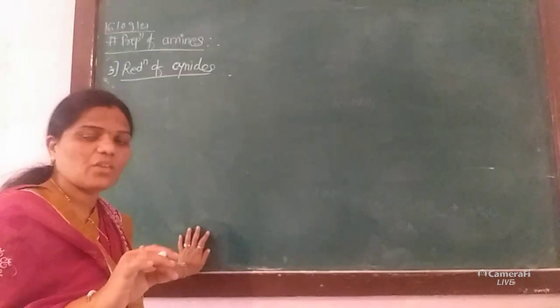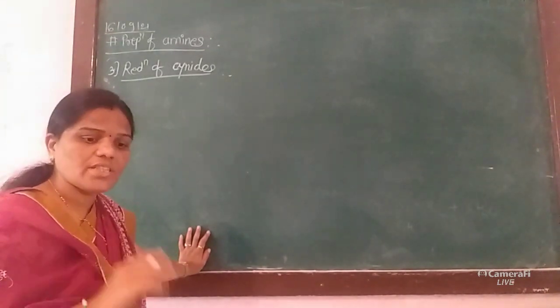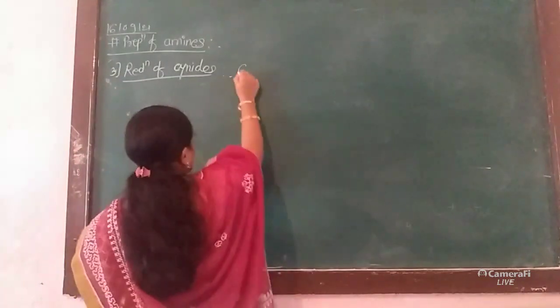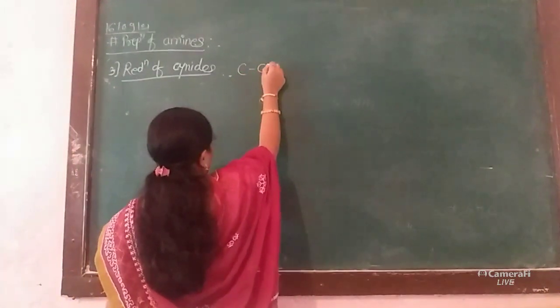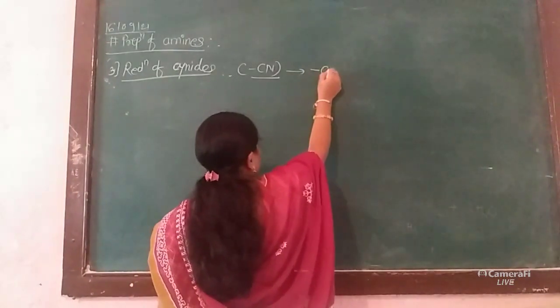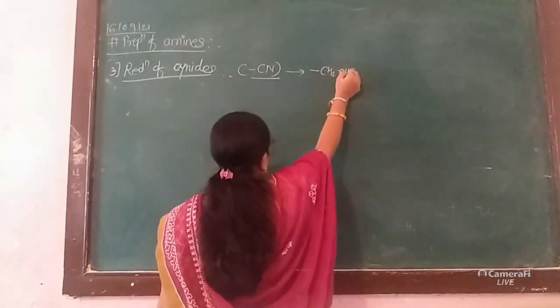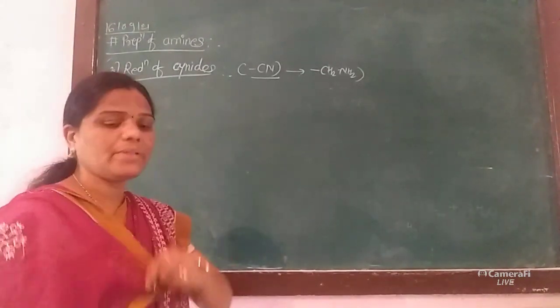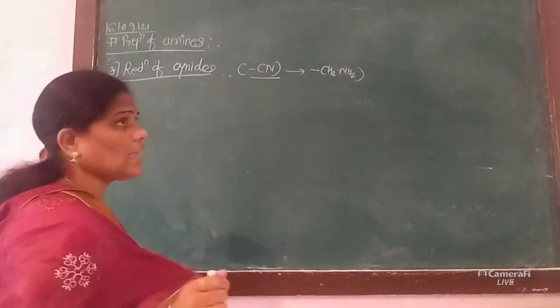So when the cyanide group CN undergoes reduction, CN is converted into CH2 and NH2. So again a primary amine is obtained by the reduction of alkyl cyanide.